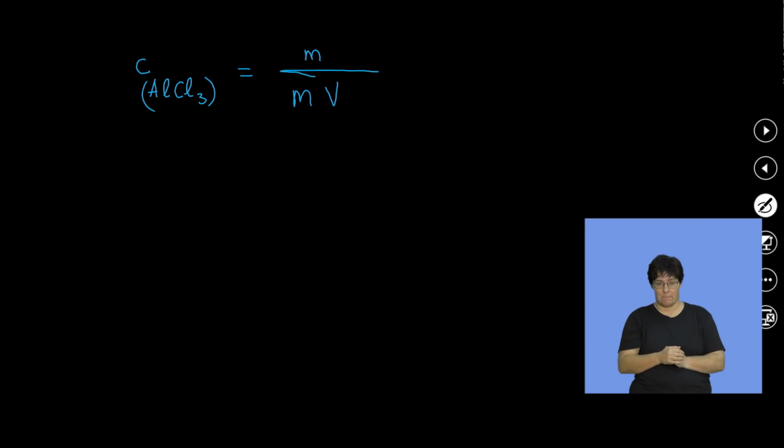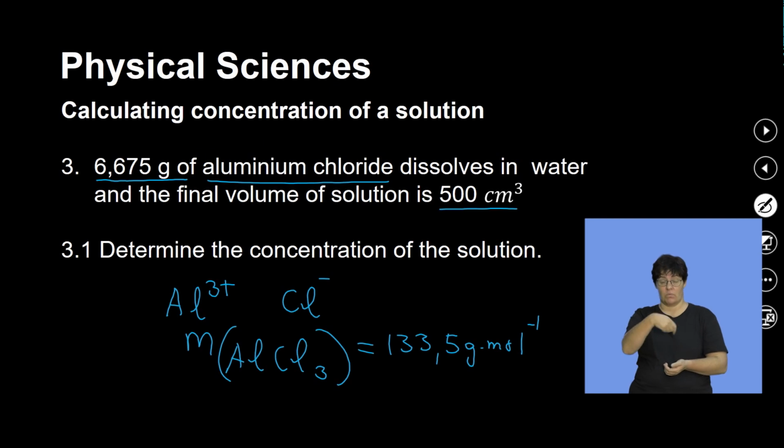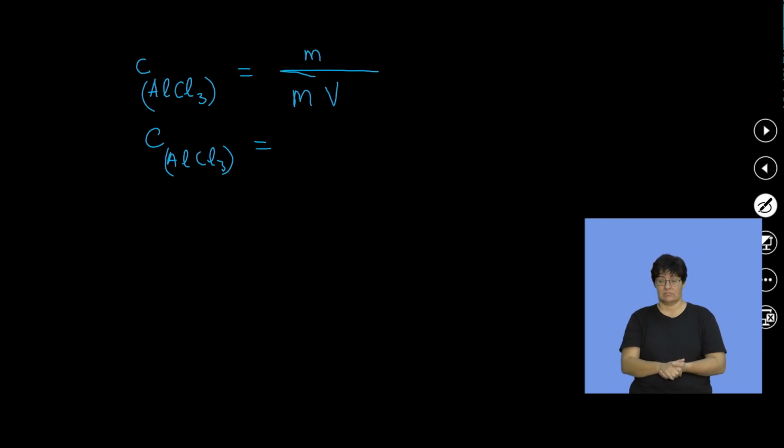Now, we are looking for the concentration of the aluminium chloride, which is equal to, we have the mass given as 6.675 grams, divided by the molar mass.